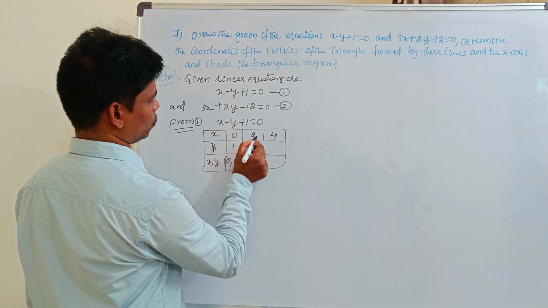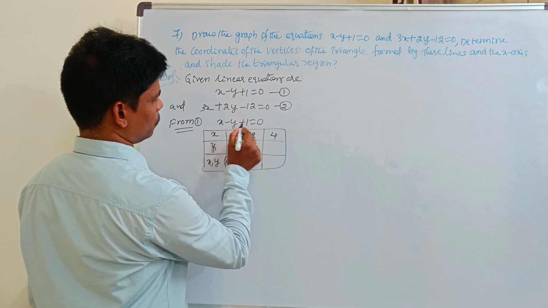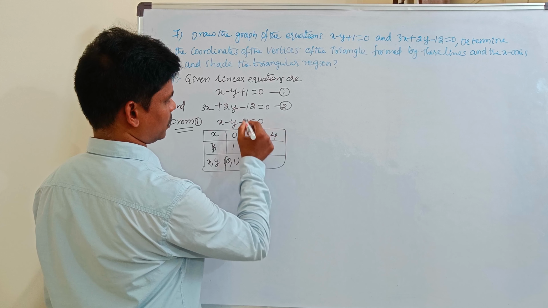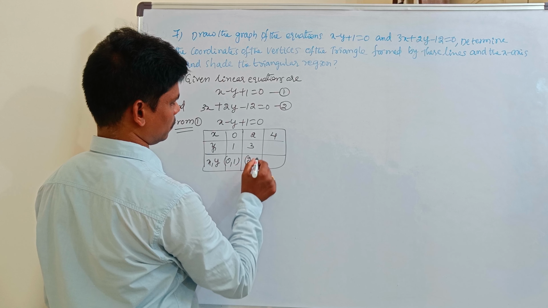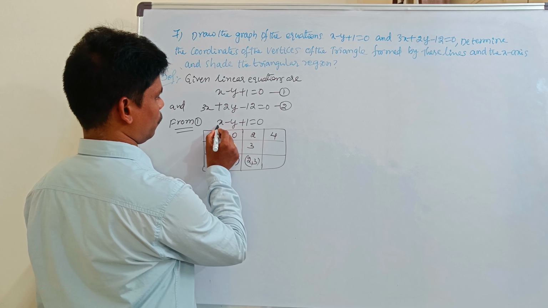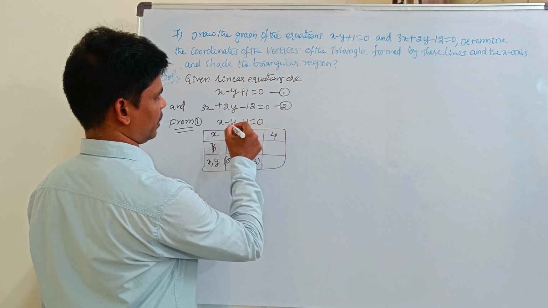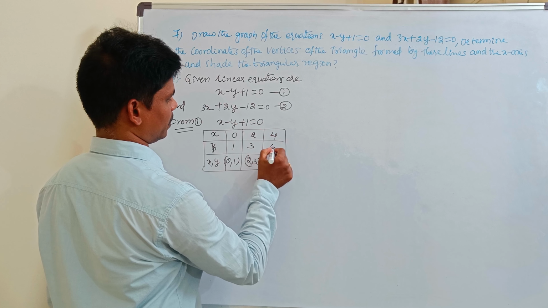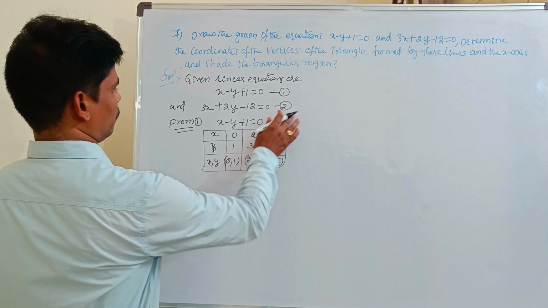Next x equal to 2. So 2 means here 2 plus 1 is 3, so y equals 3: 2 comma 3. Next 4. Substitute 4 here: 4 plus 1 is 5, so 4 comma 5.